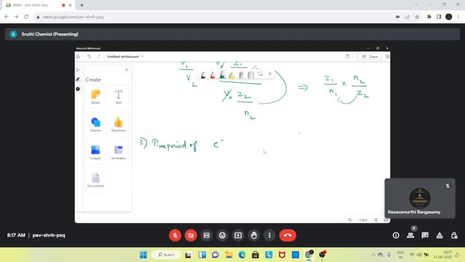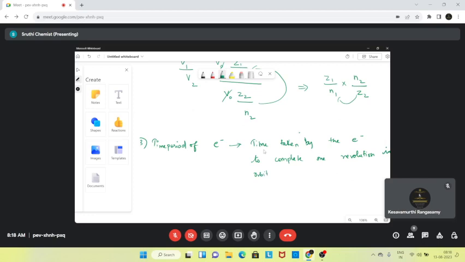It's nothing but the time taken by the electron to complete one revolution in its orbit. This is what the time period is.